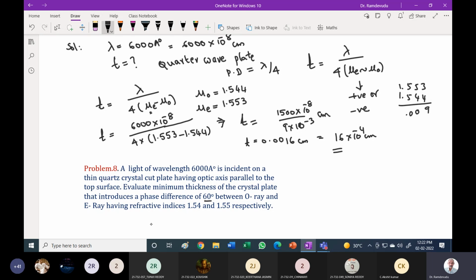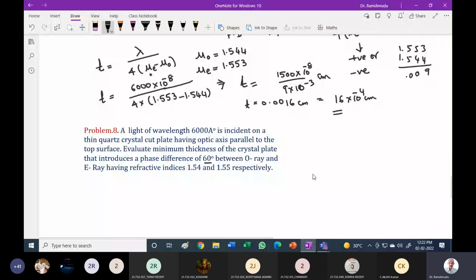They did not say whether it's a half wave plate or quarter wave plate. A quarter wave plate introduces a path difference of lambda by 4 between the O ray and E ray, and a half wave plate introduces lambda by 2. Now they said it is only 60 degrees between the O ray and E ray.